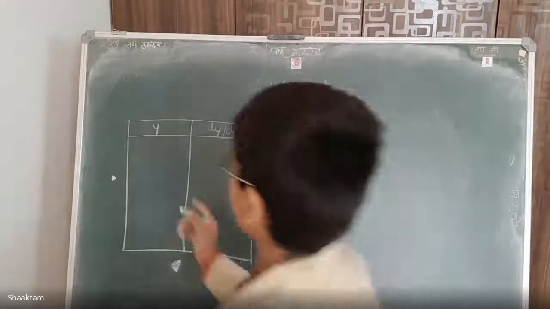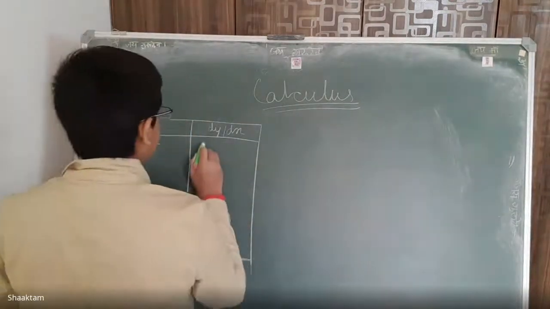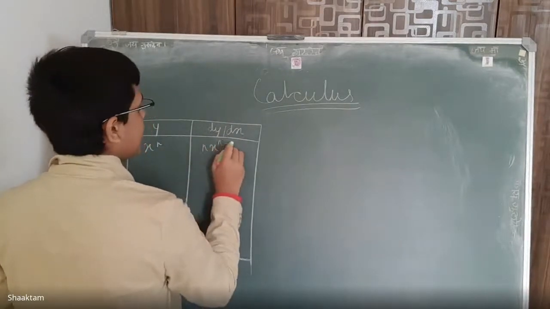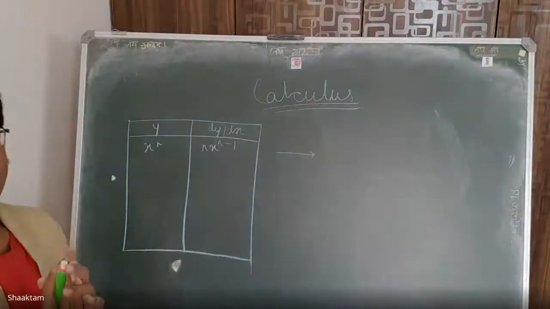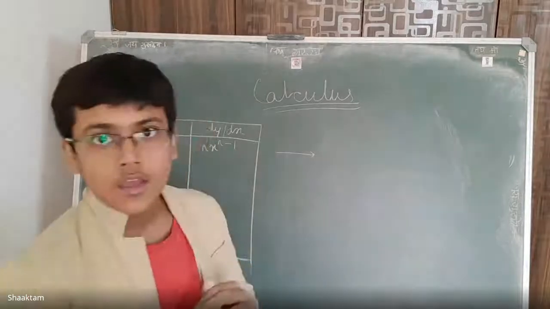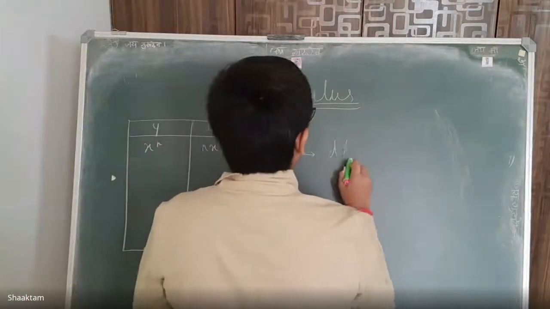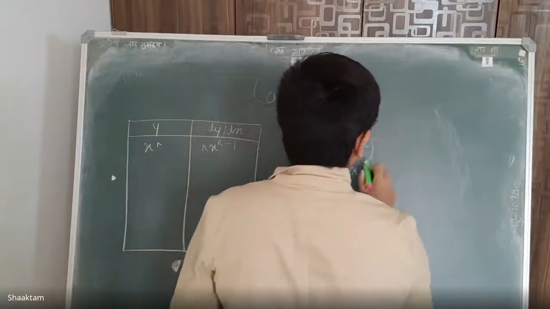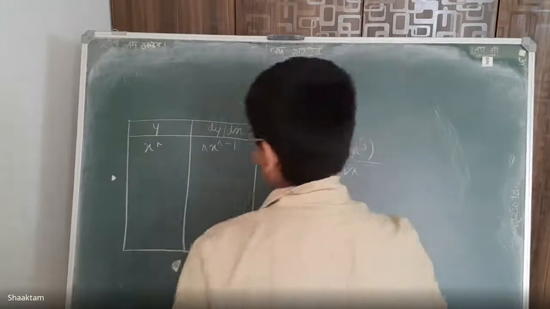If y is equal to x raised to n, dy by dx is n into x raised to n minus 1. I'll be writing an example corresponding to each of them if they are required. For example, let's say you're given d of x cube by dx.